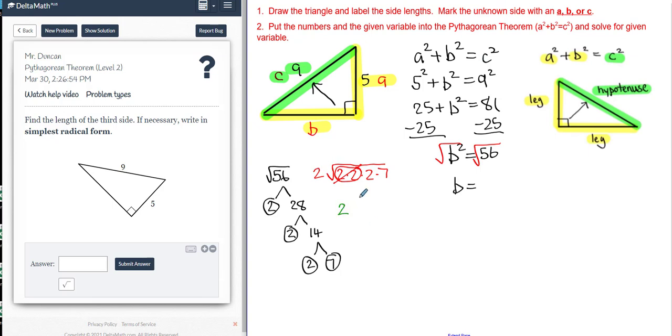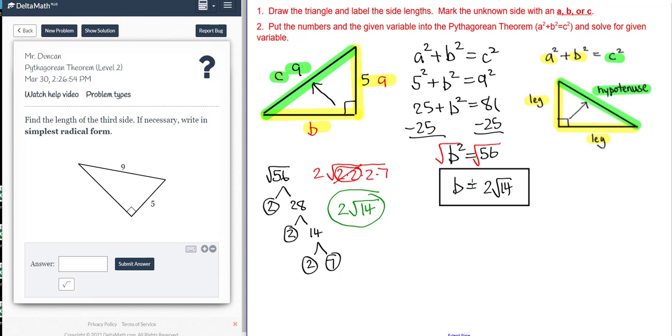I've got a 2 on the outside, and on the inside, the 2 and the 7 stay there, but we're just going to multiply them back together. So this 2 root 14 is what I'm going to put in place of root 56. So my final answer for this one is my B value is going to be 2 root 14. And that's what we'll box as our final answer.